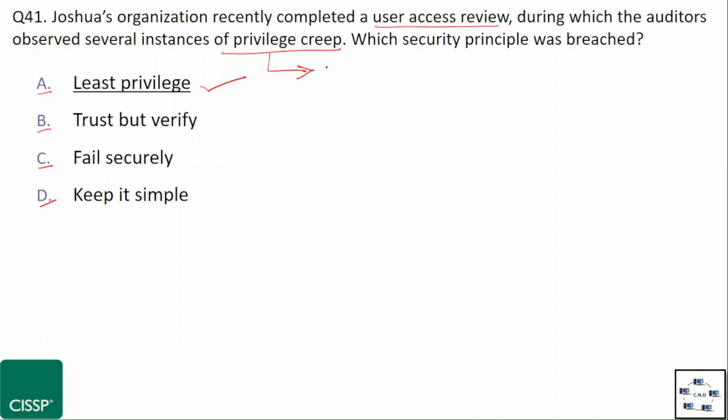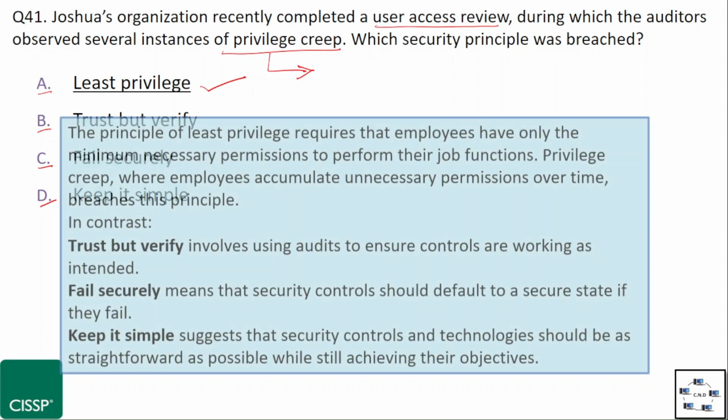Most of the time these rights accumulate over time when a person changes roles from one appointment to the other, and the access rights from the previous appointments are not properly removed, while other rights according to the new appointments are given. So the access rights accumulate over time, and this results in privilege creep.